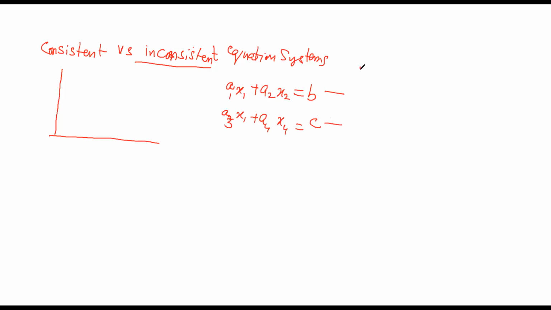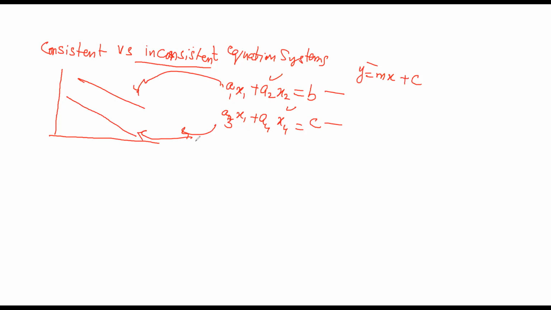You remember that the equation of a line is represented by y is equal to mx plus c, where m is the slope. So when we have these two equations, and if we see that these two lines are parallel, for example, if this equation represents this line, and this equation represents this line, these two lines are parallel.